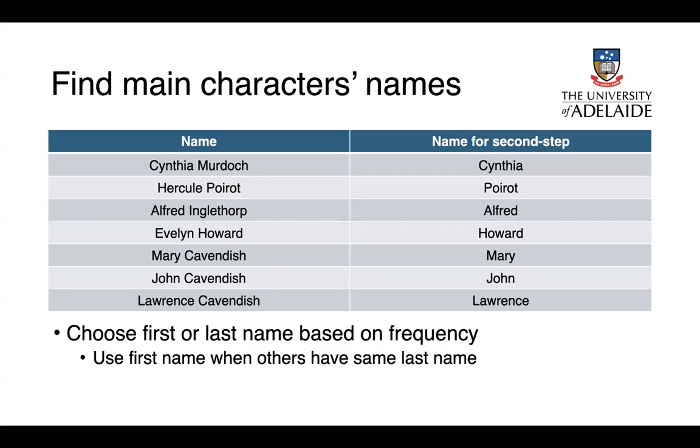This is the list, and we choose the first or last name for the second step, and we choose it based on the frequency, and we use first name when others have the same last name.